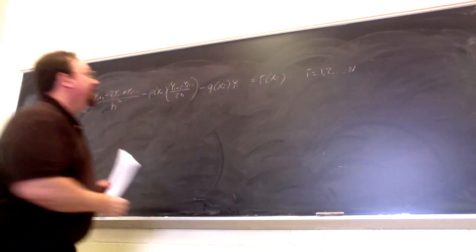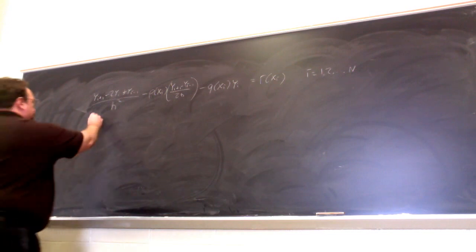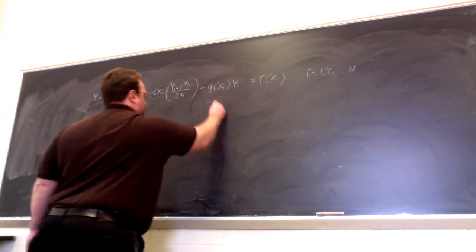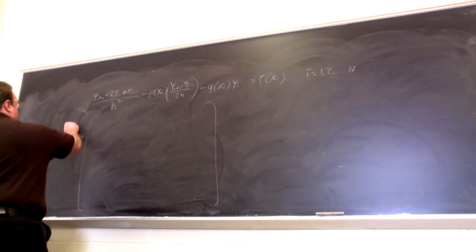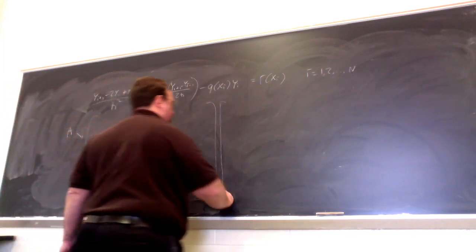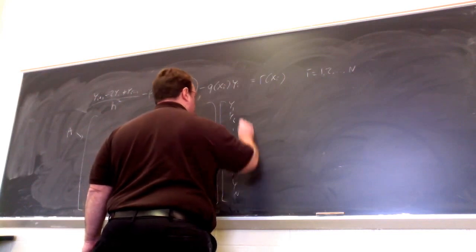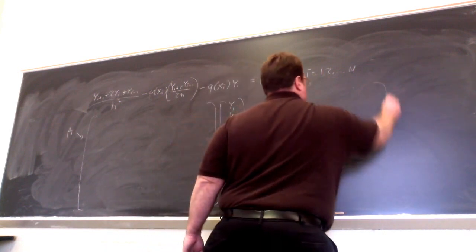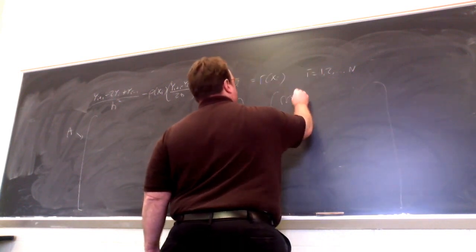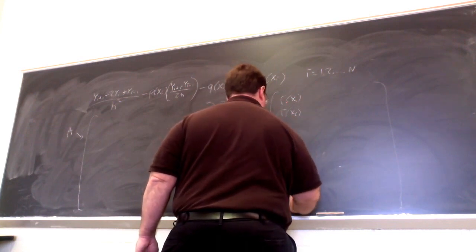Now, for my matrix, this is A times my y values equals my r values. So r of x1, r of x2, r of xn.